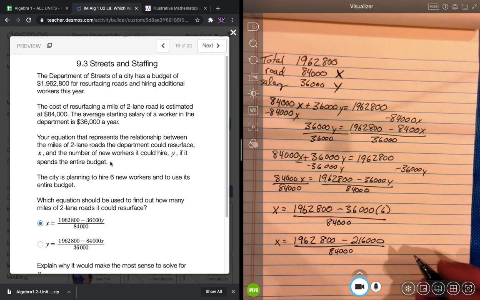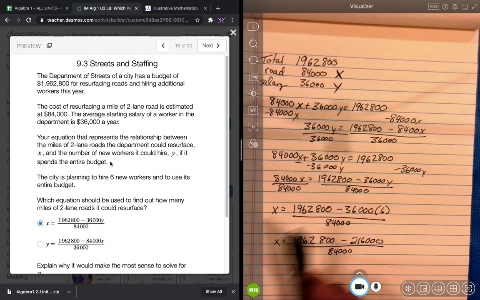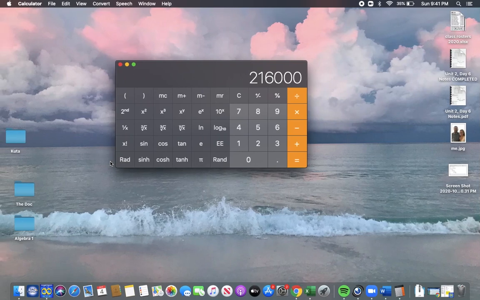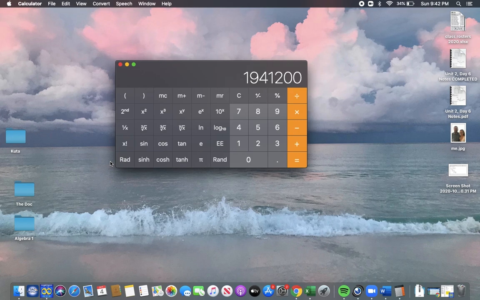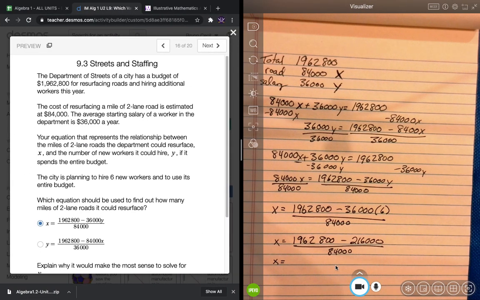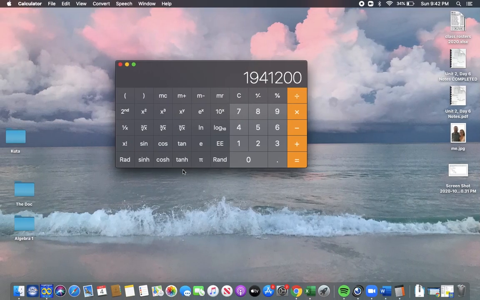Okay, guys, so now what we want to do is plug this into our calculator. I want to take 1,962,800 minus the 21,600. Okay, and from there I get this, and I'm going to divide that by our 84,000.